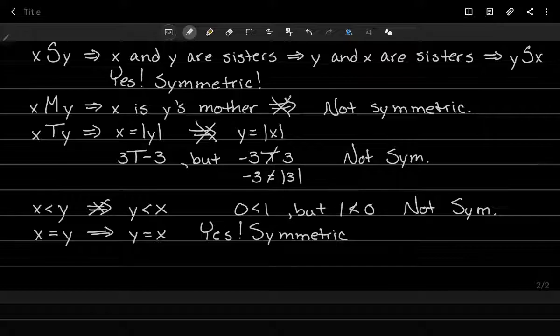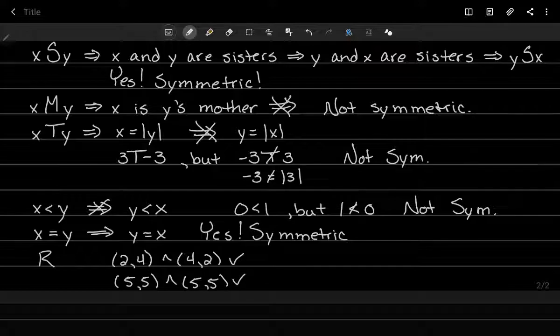Last one is that R we looked at, where we just listed 5 different ordered pairs. If you look in it, it does have 2, 4, and it has 4, 2, so that's good. That shows a little bit of symmetry. Technically it has 5, 5, and if you flip the order, you still get 5, 5, so that's okay. But the other elements don't work.